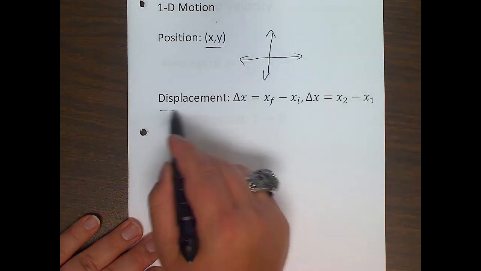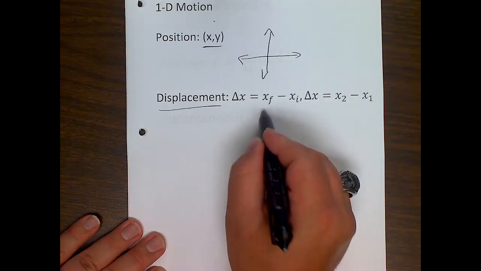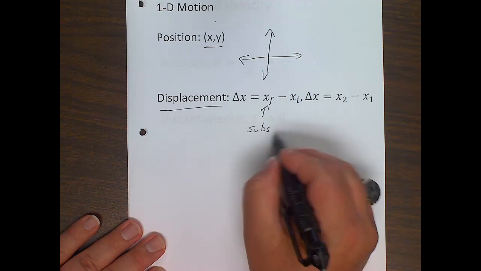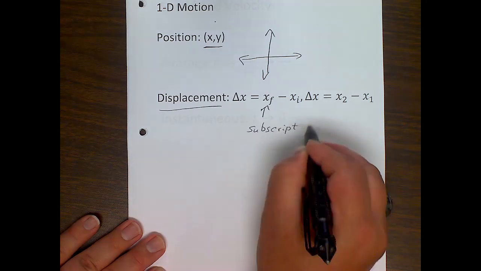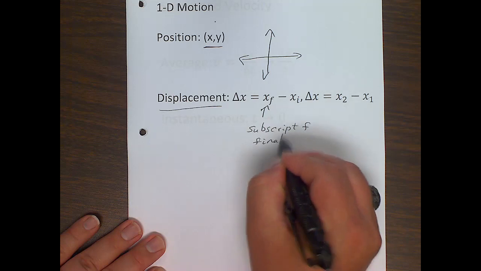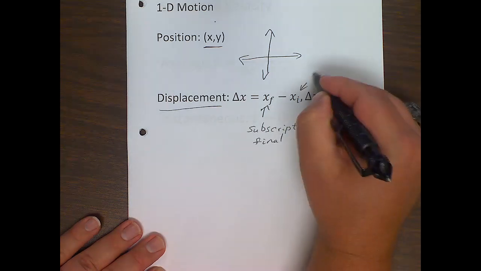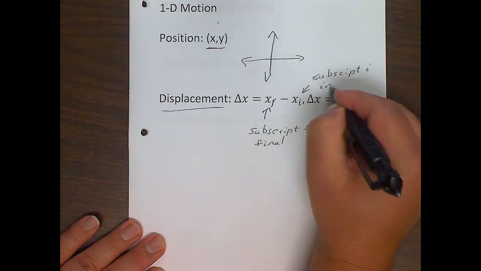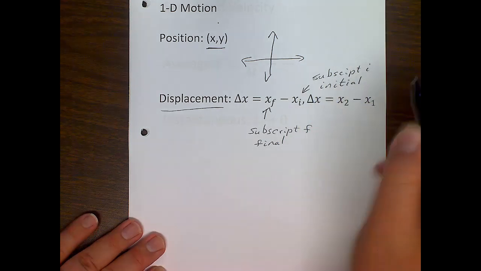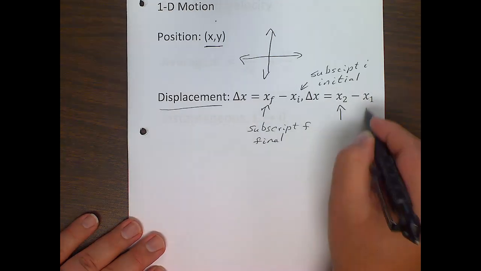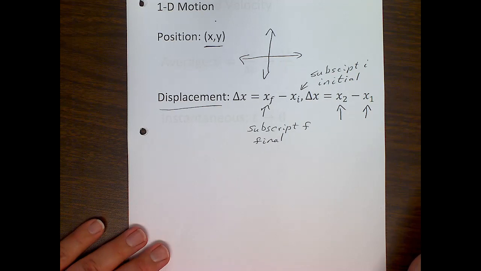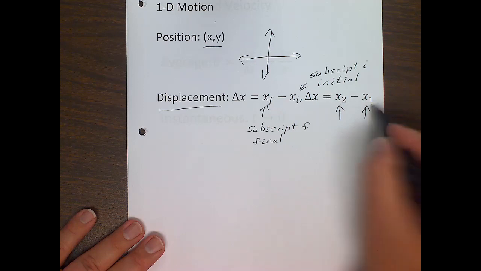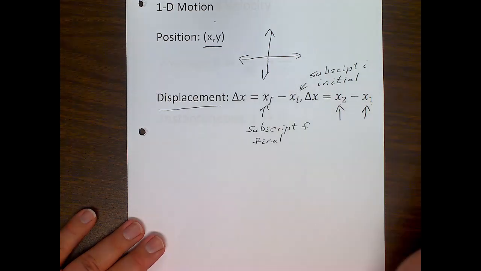And we're going to talk about this idea of displacement, which is a final position, I use a subscript F typically for final, and an initial position of a subscript I. Sometimes you will see 2 and you will see 1 for your 2 different positions. Typically the implication here is that 2 is after 1, so this is final and this is initial. But I oftentimes like to be explicit and use an F and an I.